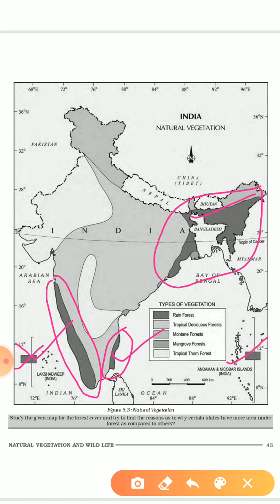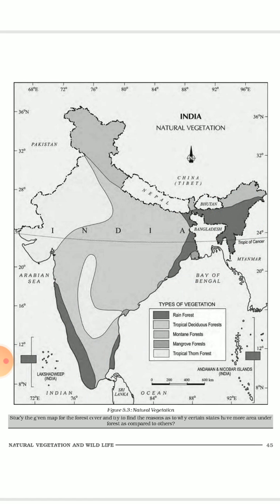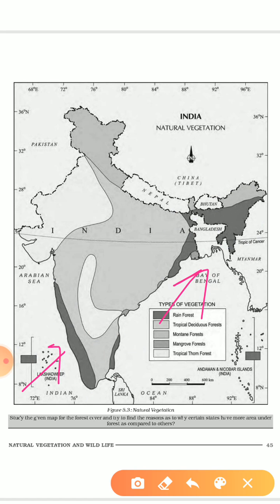So these are the regions, plus a part of this area and the eastern part of our country, which all have tropical evergreen forest because these are the regions which receive heavy rainfall. Why do they have heavy rainfall? If you remember, we have studied climate: one branch of the monsoon enters from this direction whereas another branch enters from this area.